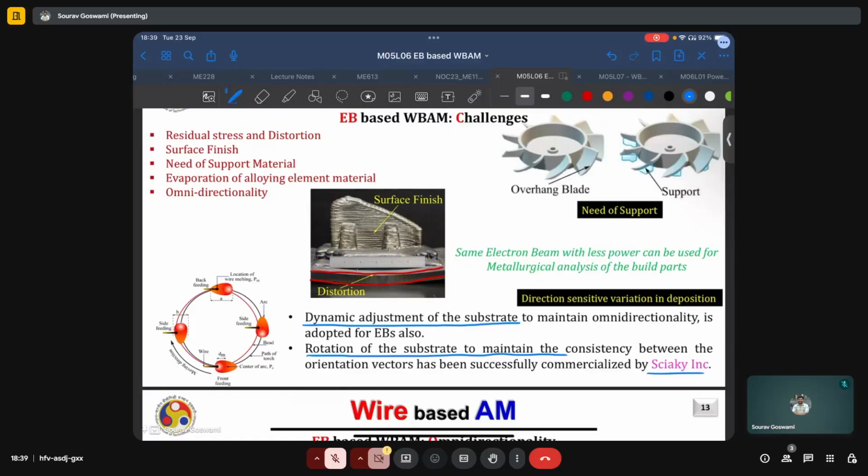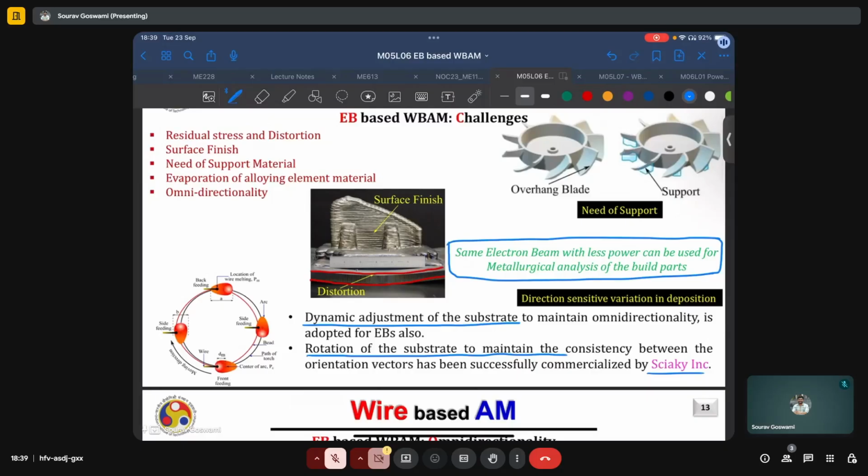And an interesting feature which can be further exploited is that the electron beam which is used to deposit this material, if emitted at a low power, can be used for metallurgical analysis of the build part, because even while doing metallurgical characterization by using electron microscopy techniques, we essentially bombard the surface of a material with a beam of electrons.